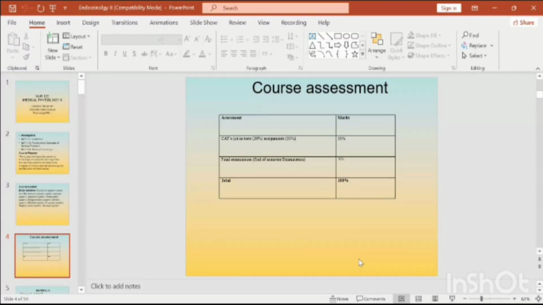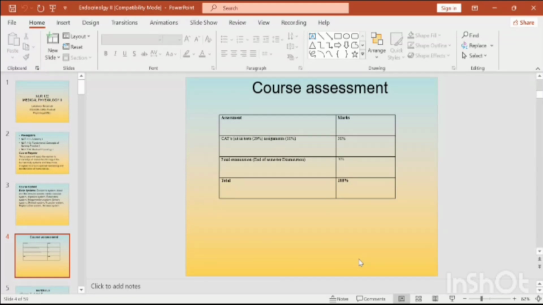At the end of the semester, there will be an assessment, and like the previous course, it will constitute a CAT, which will be 30% of the contribution. But in between, I will also give assignments, and my assignments are usually in the form of a Google Form, meaning you'll be able to do them online. Usually assignments constitute 10%, and the CAT 20%.